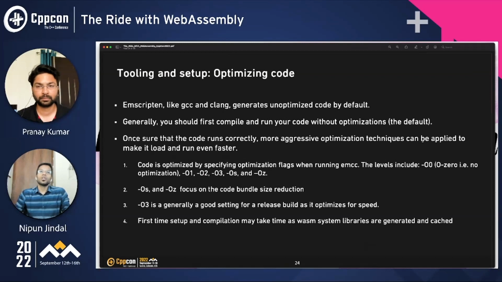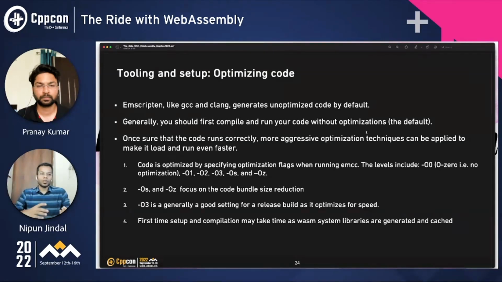Like GCC and Clang, it also generates unoptimized code by default. If you're starting in compiling your code, you should check if everything is working without optimization. And once you've made sure of that, then we can pick and choose the aggressive optimization techniques that are available. There are levels from O0 to O3 available for speed, and then Os and Oz for code bundle size reduction.